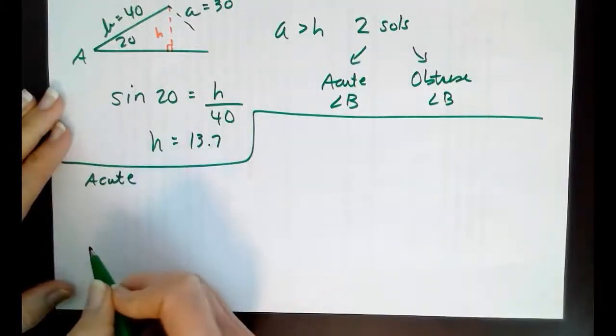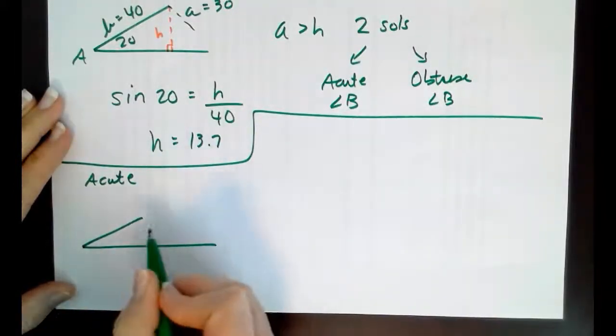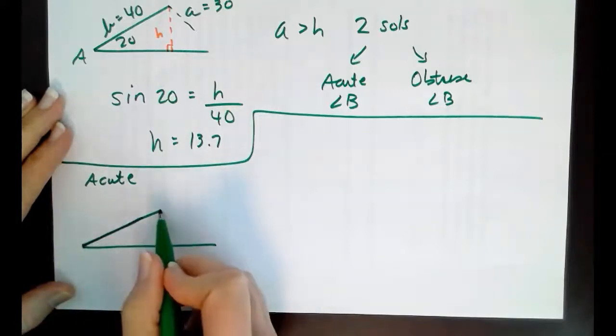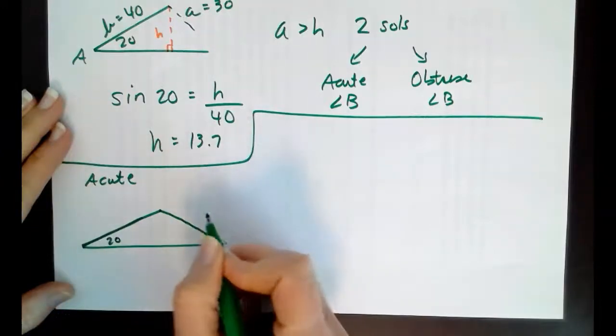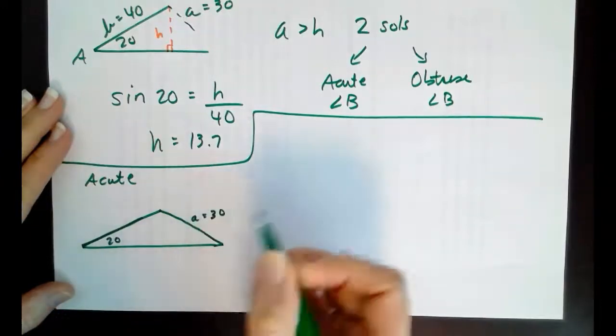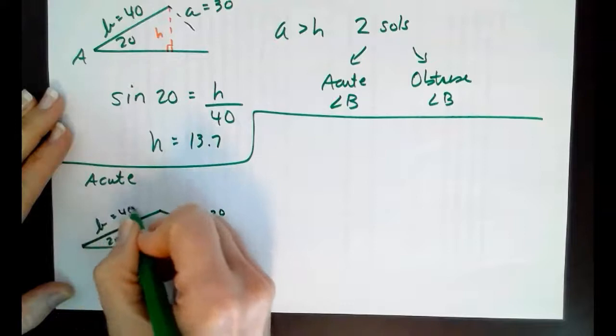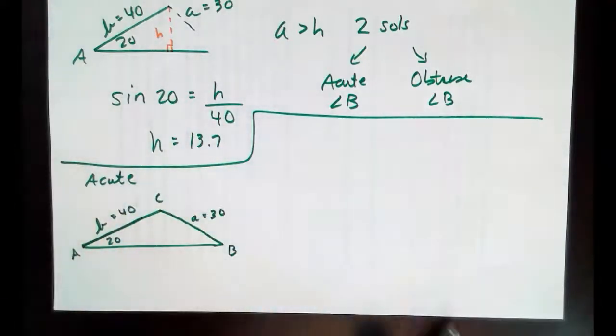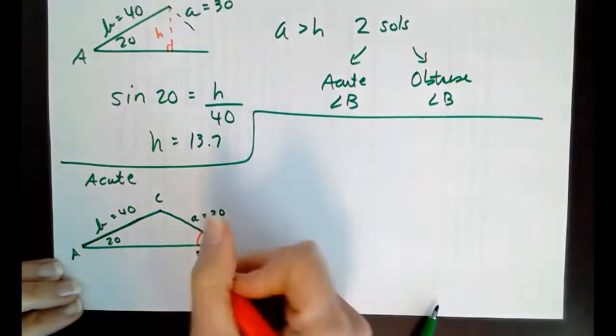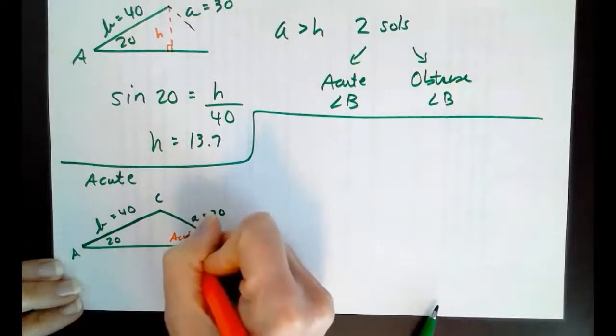So once again, it looks something like that. Angle A is 20, little a is 30. Here's little b, which is 40. This is A, this is B, this is C. In this case, we've got angle B, which is acute.